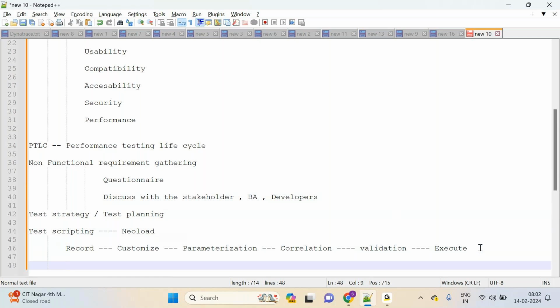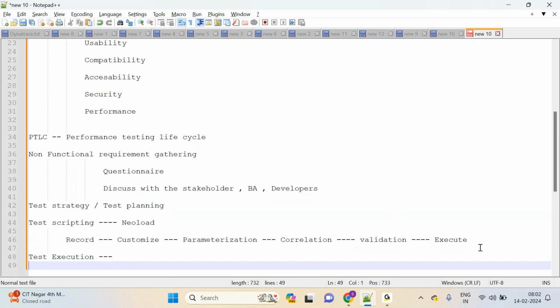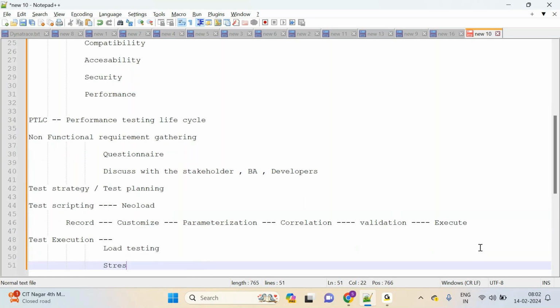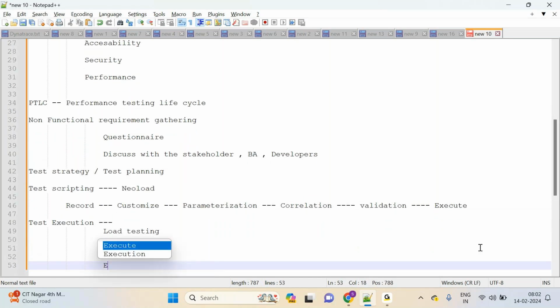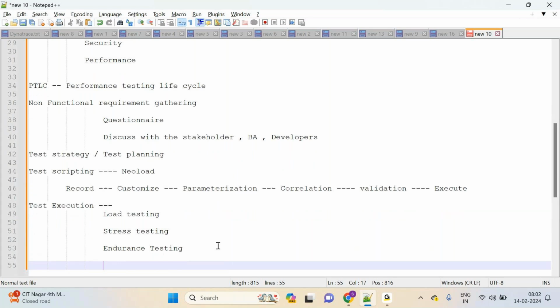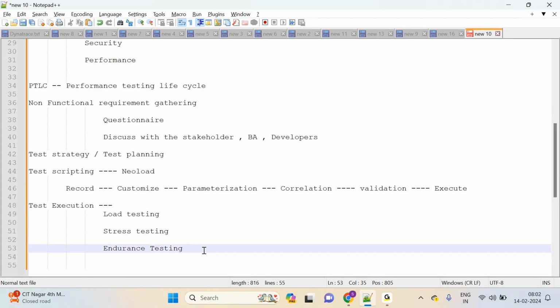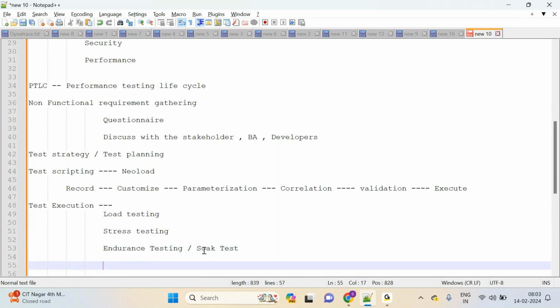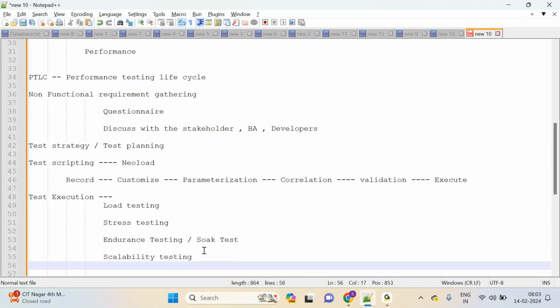The next phase is the test execution phase. In the test execution phase, we are going to do different types of tests: load test, stress test, endurance test or soak test, scalability test, and volume test.